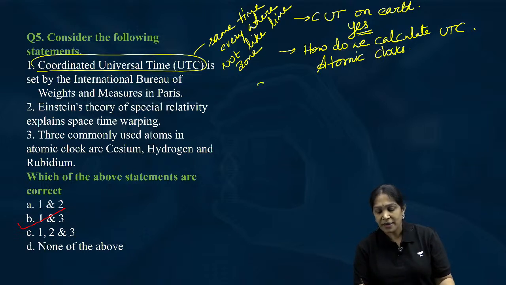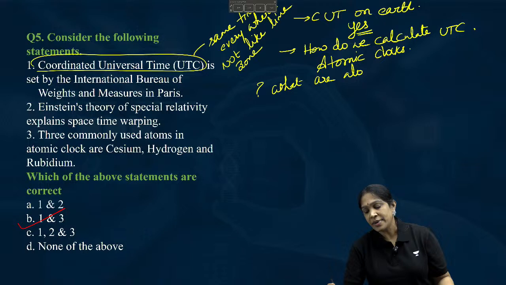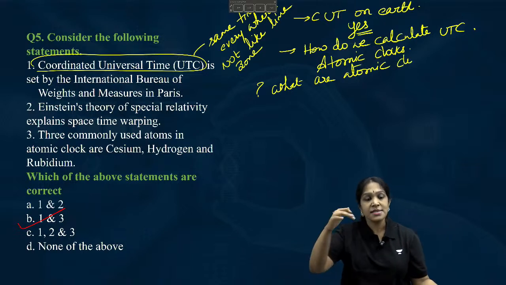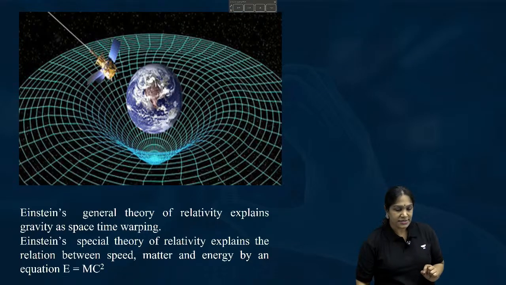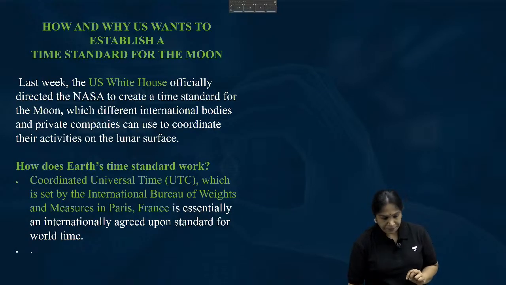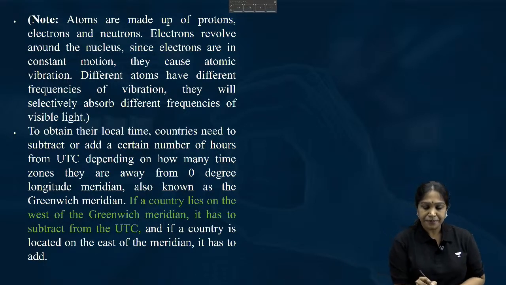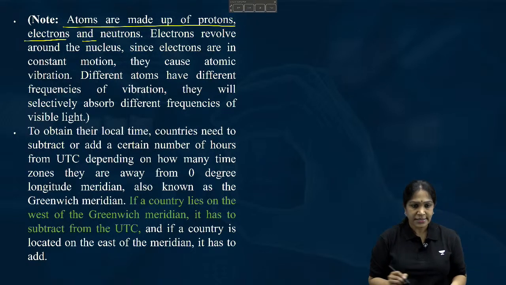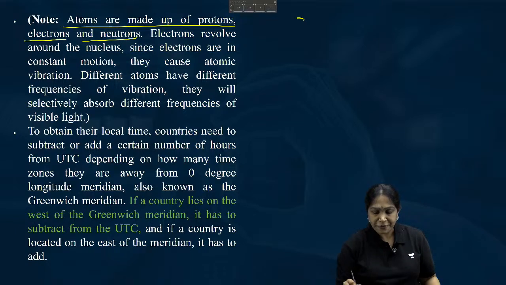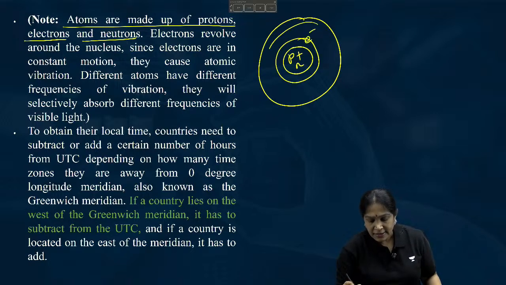Now comes the next question. What are atomic clocks? This is the thought process. You have to think like this. Let me first explain that. First, atoms have protons, electrons, neutrons, isn't it? Atoms have protons and neutrons here and the electrons here.